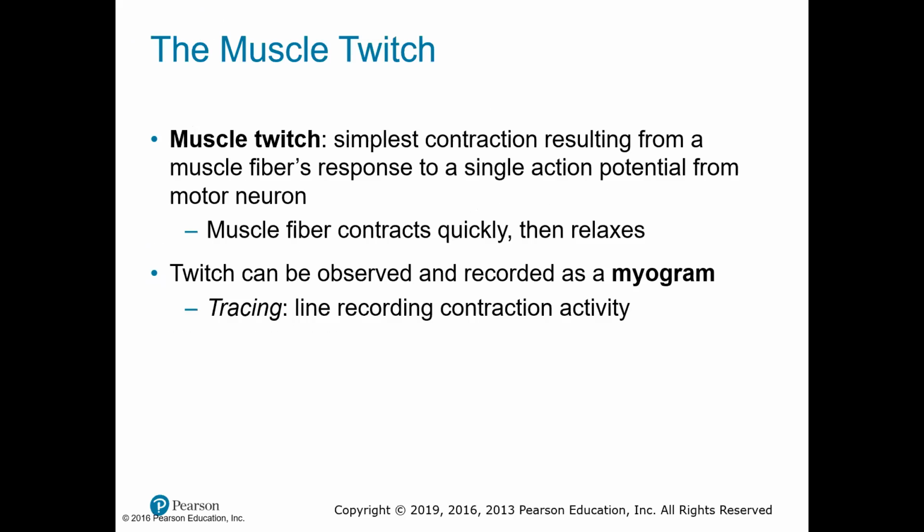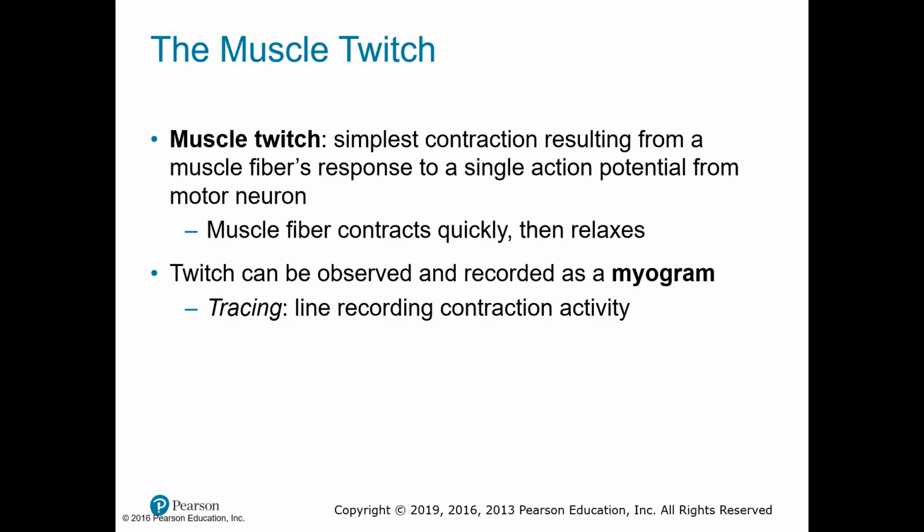Okay, here's something else to consider. We've all said, oh, I got a twitch in my eye, or we've all experienced a muscle twitch. And that's not an incorrect statement, but a muscle twitch is something that is more theoretical than anything else. Because when we talk about a muscle twitch, we're talking about a single contraction of a muscle cell as a result of a single action potential.